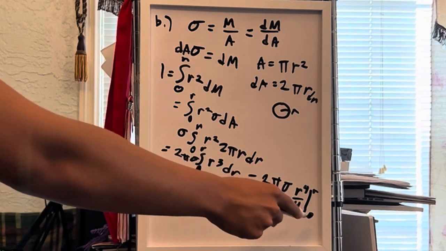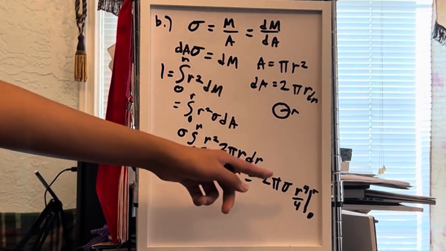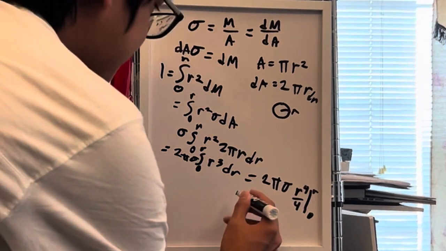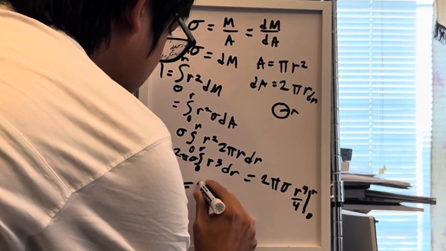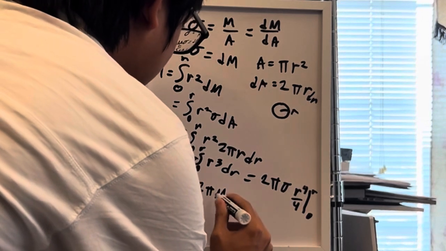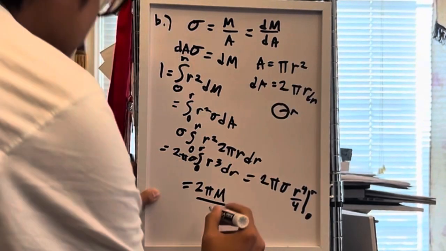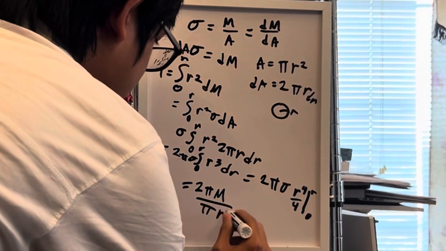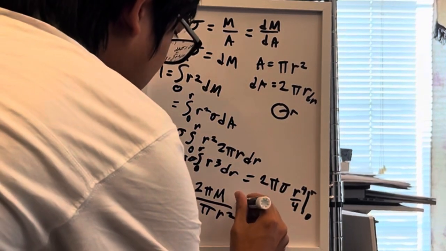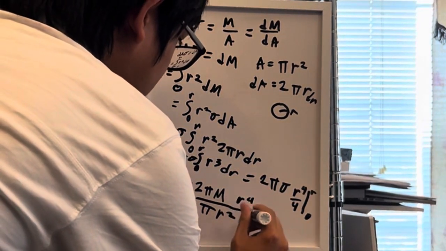And I'm going to subtract by 0 coming in, but when 0 comes in, this term just becomes 0. So really all I need to look at is 2 pi times this mass over area, which I can now put in, where the area is pi r squared, which was sigma, and it's going to be r to the power 4 over 4.